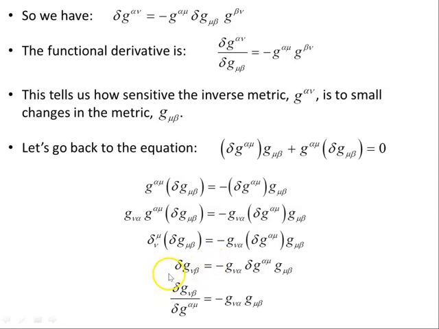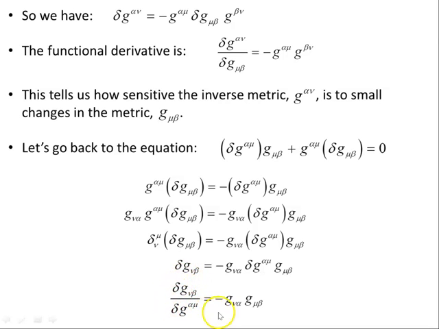All right. Now, on the left-hand side, we have the variation of the metric, and it is equal to the product of these elements here. So dividing through by the variation of the inverse metric, we have the variation of the metric with respect to small changes in the inverse metric is equal to minus the product of the metric with itself.